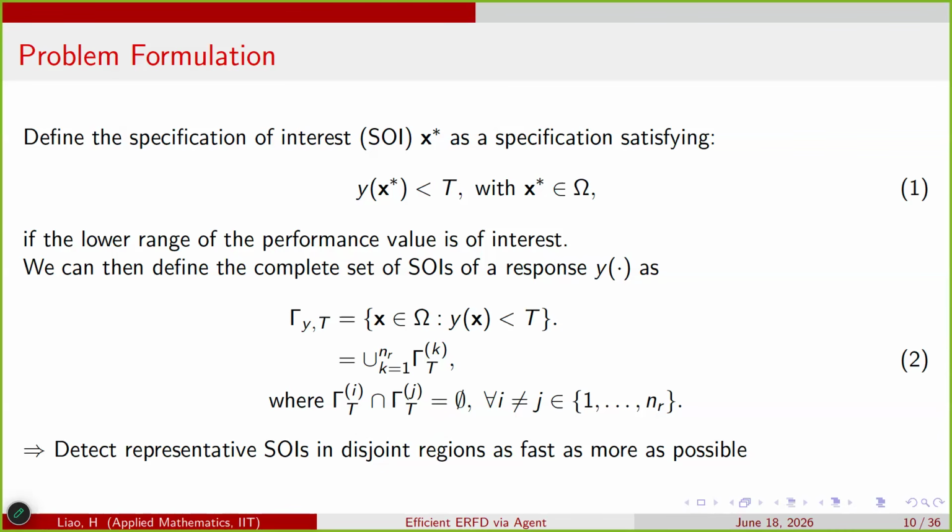But we are not trying to get an exact recovery of the set. Does it make sense? Because we don't have enough evaluations, we don't have enough budget to have that deep or detailed a description of the space.